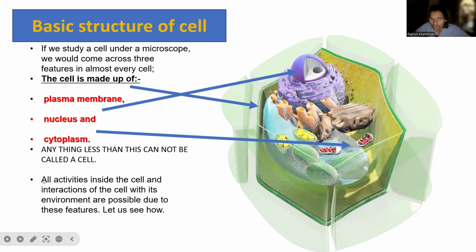Now, all activities inside the cell and interactions of the cell with its environment are possible due to these features. Let's see how. The cell is making contact with the outside environment as well as the inner environment.